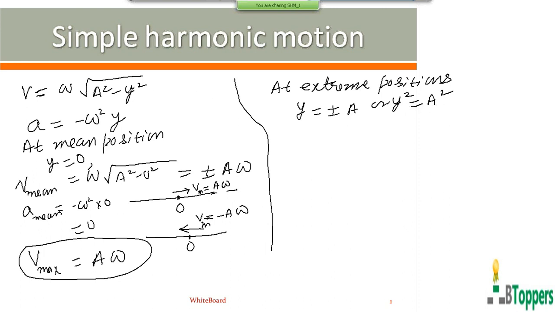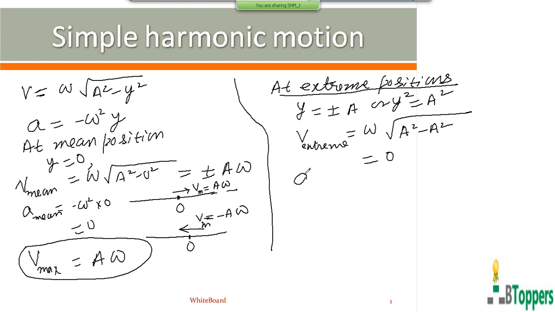So substitute y square equal to A square here. The velocity at extreme positions is omega into root of A square minus y square, which is 0. So velocity of the particle in simple harmonic motion will be 0 at the extreme positions.